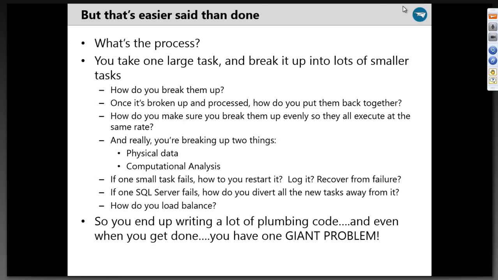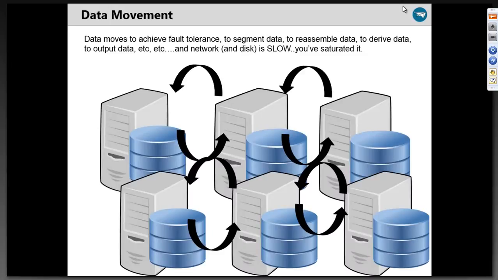Once we've decided that the data is big enough that we need to break it up into multiple SQL servers, we're going to be handwriting a lot of code that actually has nothing to do with the problem that we're trying to analyze. It's fault tolerance code, it's retry intervals, it's segmenting properly, and at the end of the day, we're actually not adding that much value to our organization. And our organization might be wondering why we're taking so long in order to get this thing accomplished.